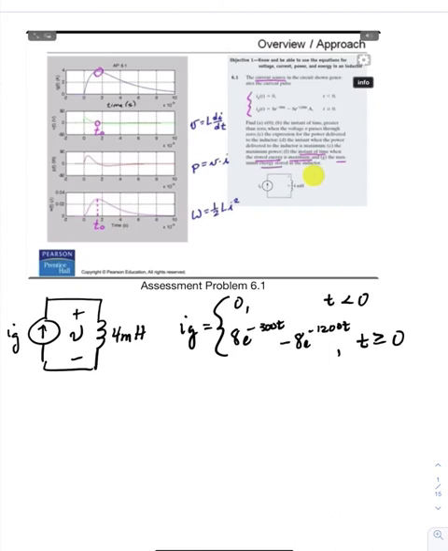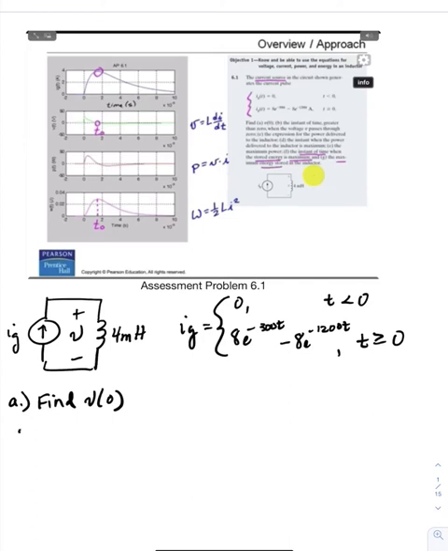So, part A, find V sub 0. In order to find V sub 0, we would have to find V of t.